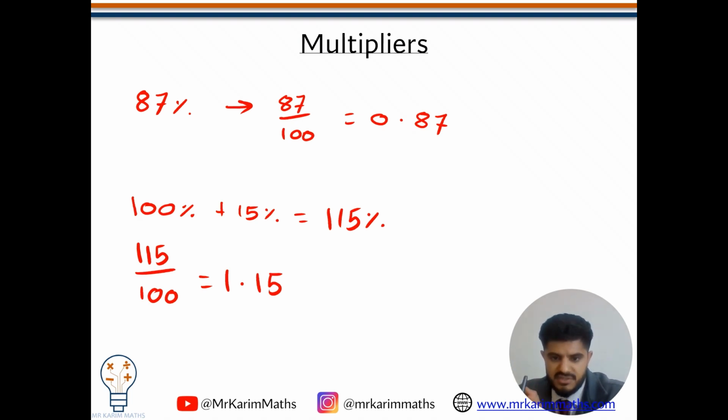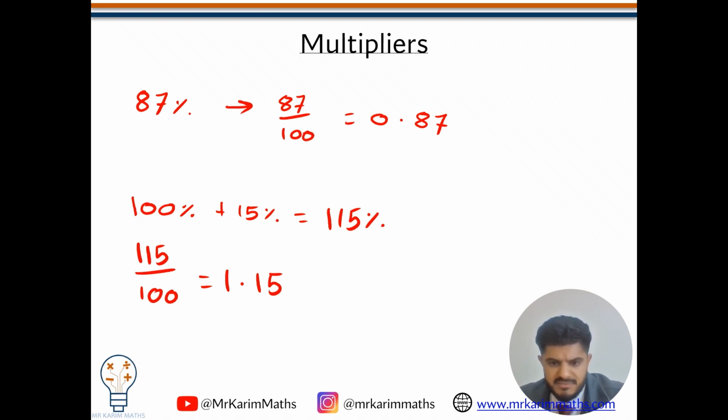Now, if we put this into perspective, when we find a percentage of an amount, for example 87%, we should understand that 87% is below 100%. So when we have 0.87, that makes our value smaller, which makes sense because you're finding a percentage of something. When you're increasing by a percent, the clue's in the name, you're increasing it, which means your value is going to get larger.